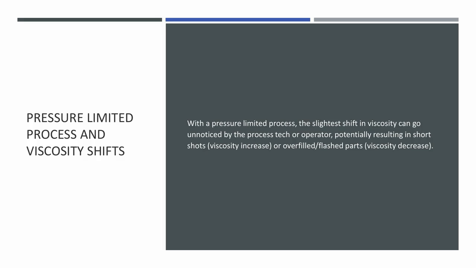Moving on: pressure limited process and viscosity shifts. With a pressure limited process, the slightest viscosity shift can go unnoticed by the process tech or the operator, potentially resulting in short shots or overfilled, flash parts.